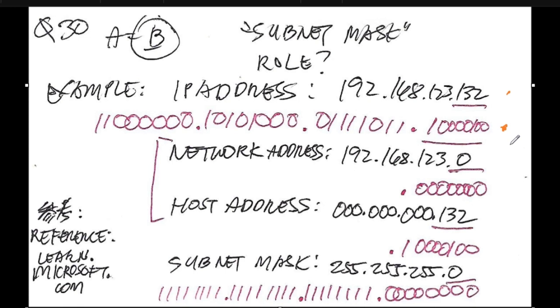The first part is for the network address. This one here, network address. And the second part is for the host address, and that is this part here. And the way to divide the IP address into parts is to use the subnet mask, this one, so that we know which is the first part and which is the second part.